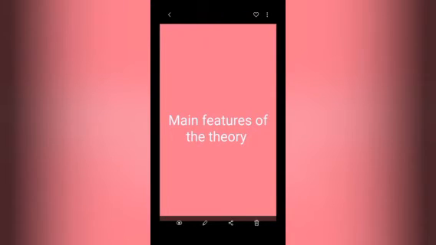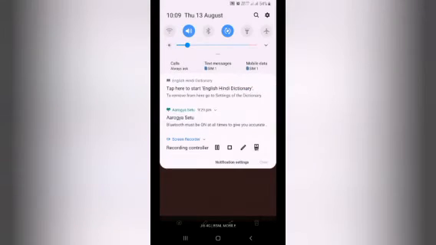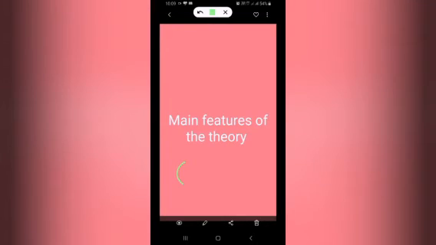Next, the primary valencies are generally indicated by dotted lines, like this, and the secondary valencies are shown by normal lines, like this.